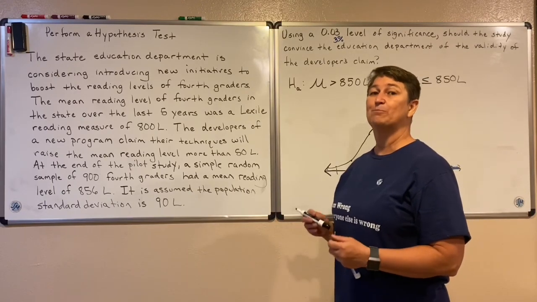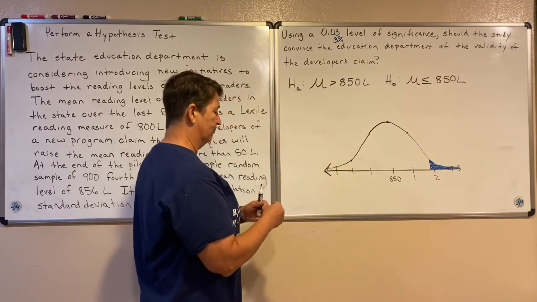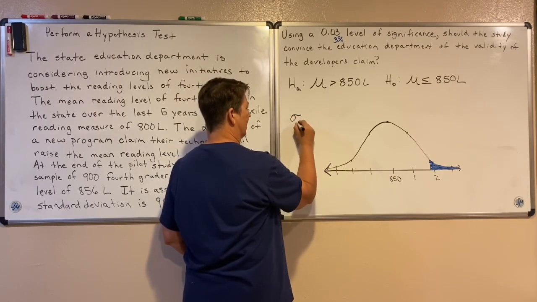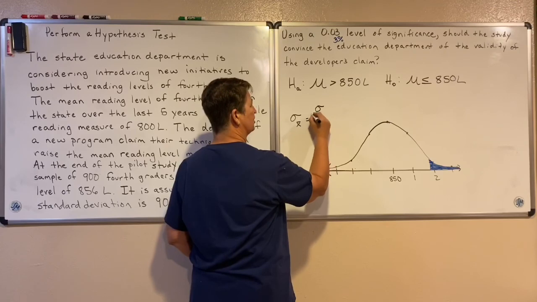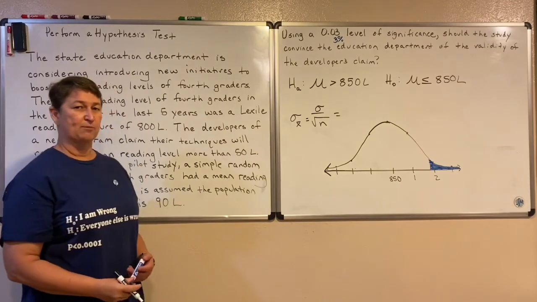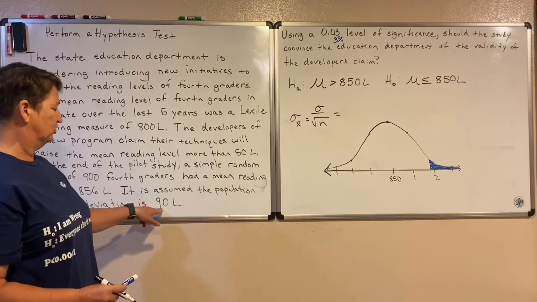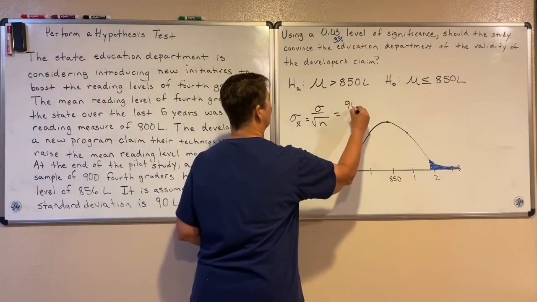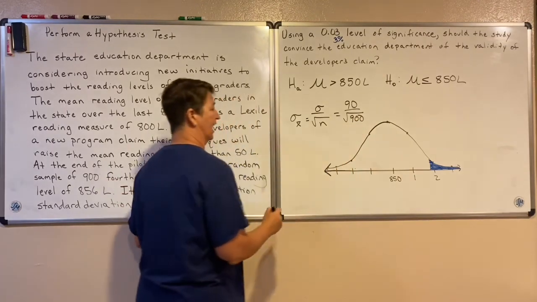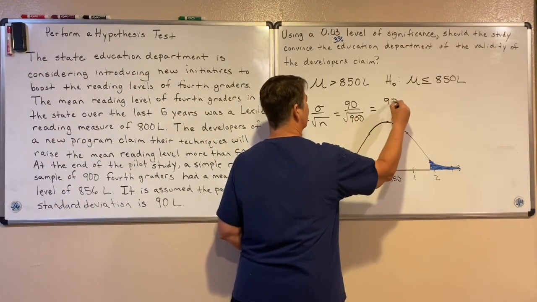Remember that in the sampling distribution, our standard deviation changes. The standard deviation of this sampling distribution is the standard deviation of our population divided by the square root of our sample size. We saw that with the central limit theorem. So I'm going to take the standard deviation of my population, which is 90, and divide that by the square root of my sample size, which is 900.